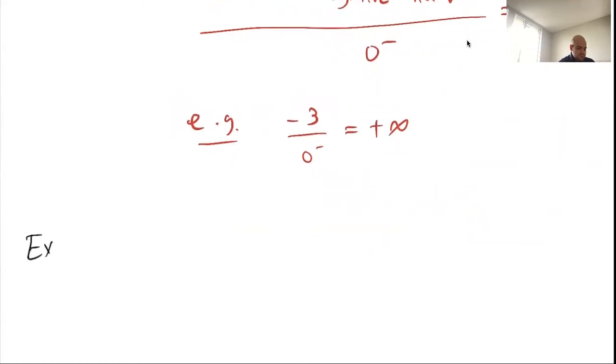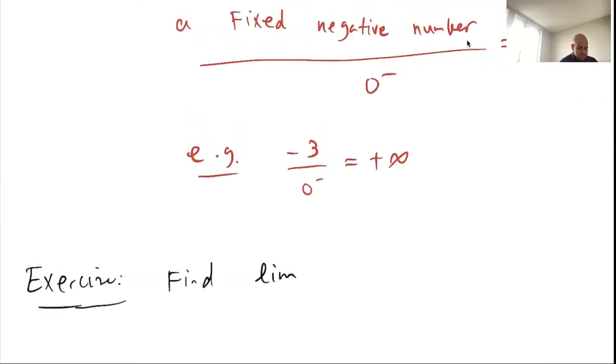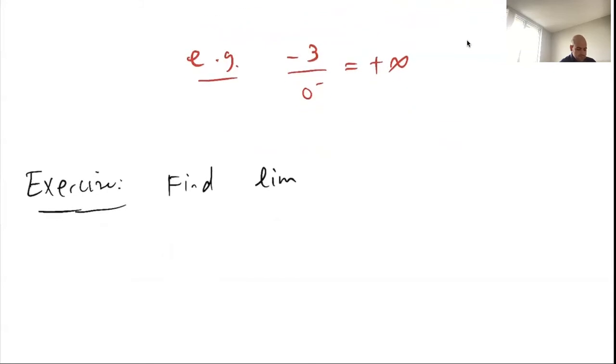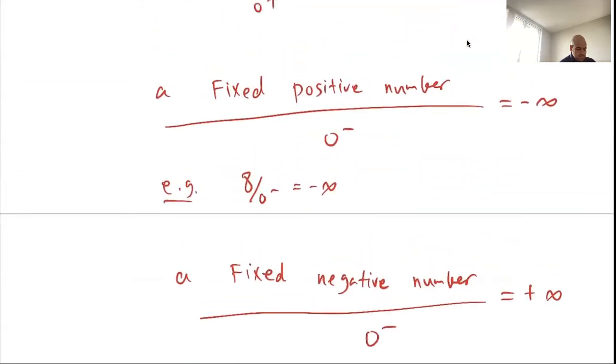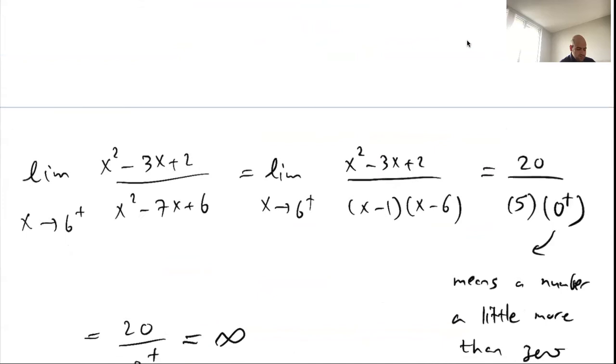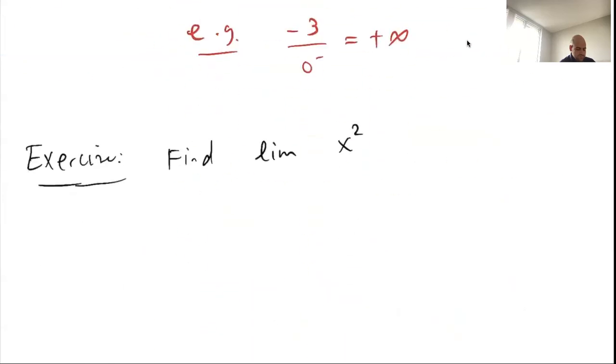Okay. So as an exercise, for example, the example above, find the limit, same function, x squared minus 3x plus 2 over x squared minus 7x plus 6.